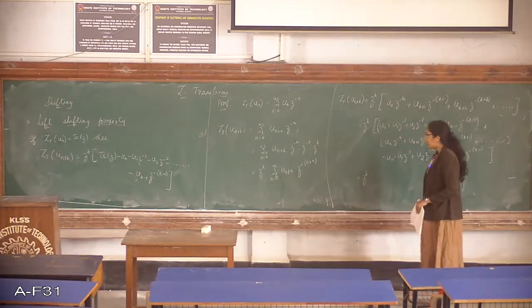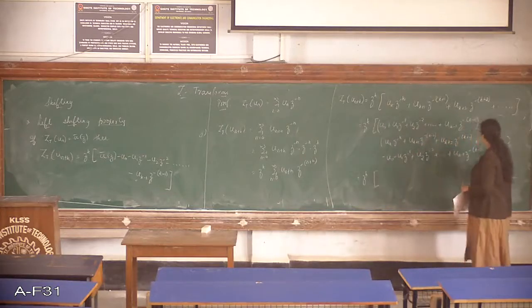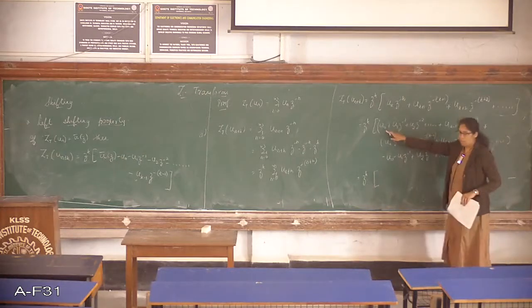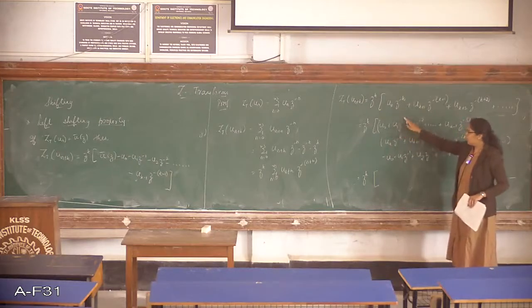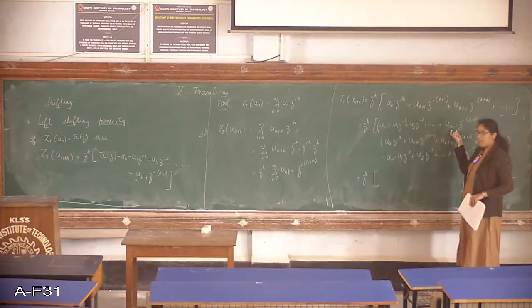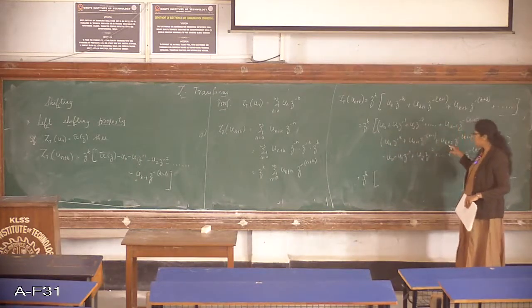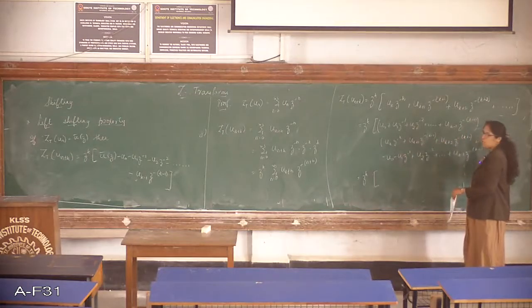Z raised to k is equal to, now if you look at these terms here, what do we have? u0, u1 z raised to minus 1, u2 z raised to minus 2, u_{k-1}, and then u_k, u_{k+1}, u_{k+2}, this just goes on.